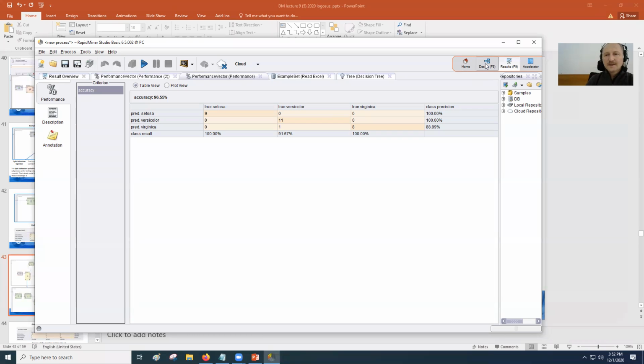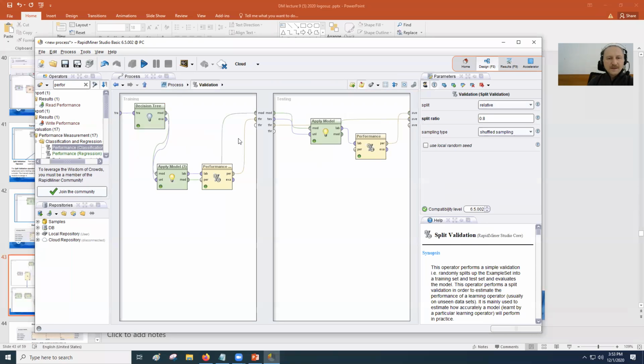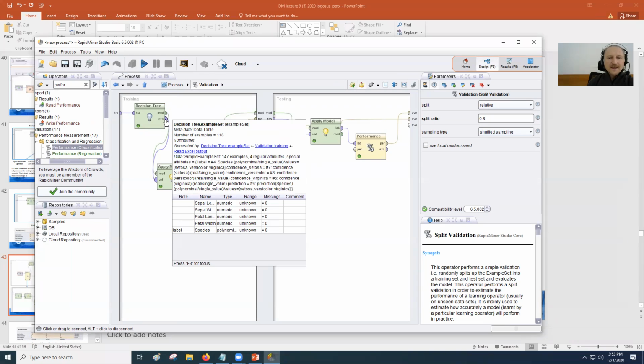And then, this one is the test data accuracy, and that is the training accuracy. We can also see the full data accuracy. How can you see full data accuracy? We can go to design. If you look here, training data is coming from here. This is the size of the training data.